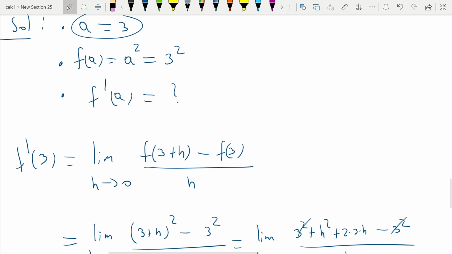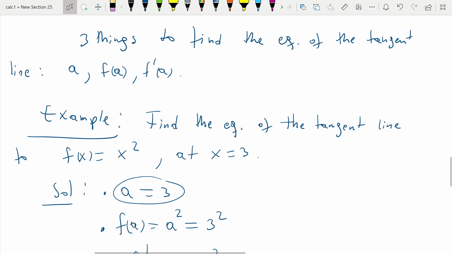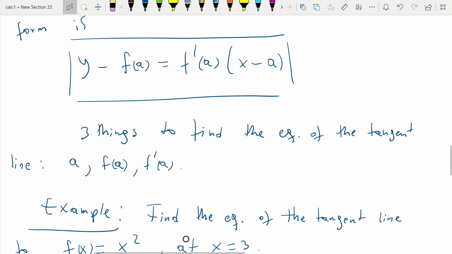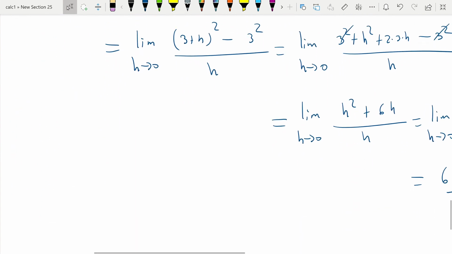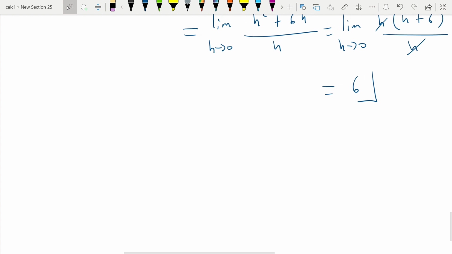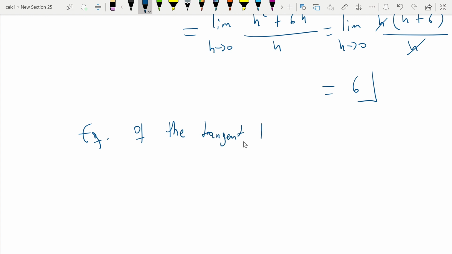Now we have everything we need for the formula. If we go back to the point slope form of the equation of the tangent line, the equation of the tangent line is then y minus f of a. What is f of a?